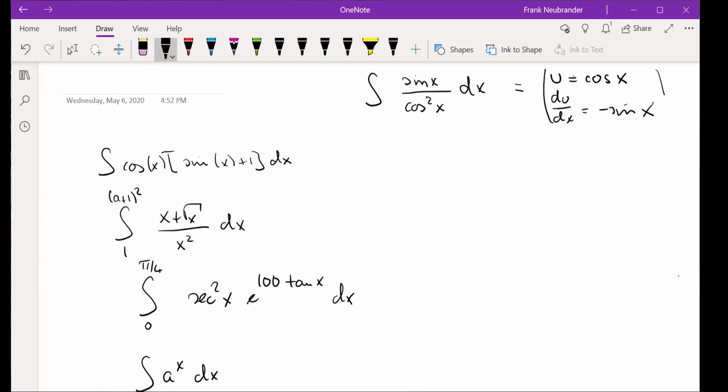By doing this U substitution, you can transform the integral: sine x dx is minus du, and 1 over cosine squared is 1 over u squared du. Or if you want, it's minus the antiderivative of u to the minus 2 du, and by the power rule, this is then u to the minus 1.